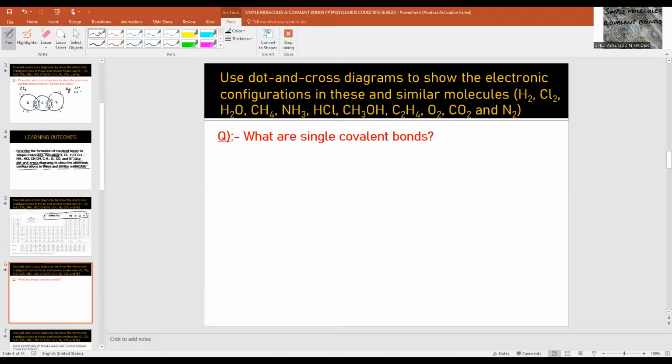Now, in this lesson, I will talk about the different types of covalent bonds on the basis of the number of electrons they share. Let's start with the single covalent bond.